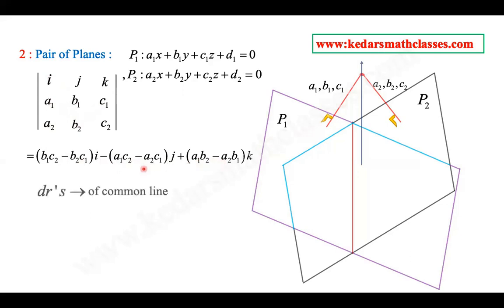Its coefficients are nothing but the DRs of the common line, that is b1c2 minus b2c1. And here the minus sign, I send it inside, so this becomes c1a2 minus c2a1. And the next one is a1b2 minus a2b1. These are the DRs of the common line of these two planes.